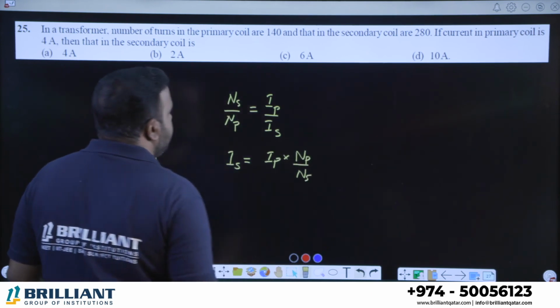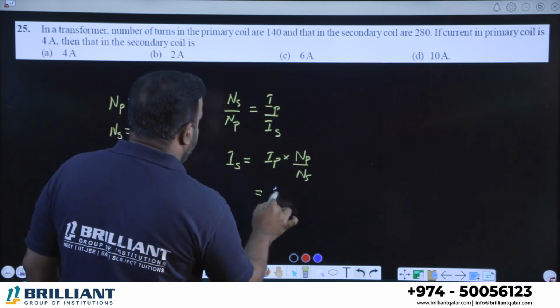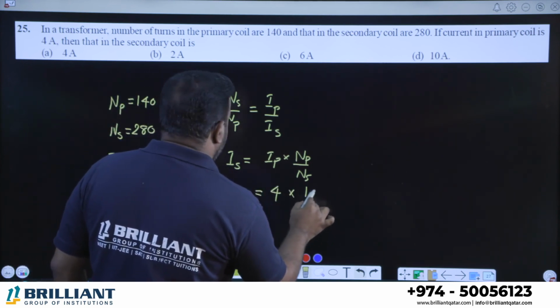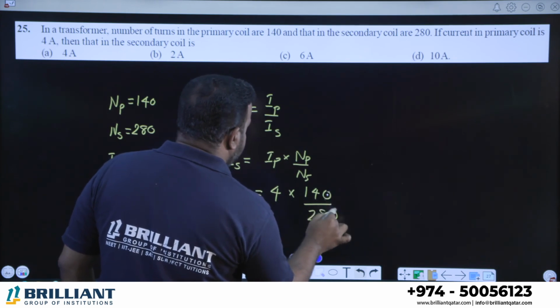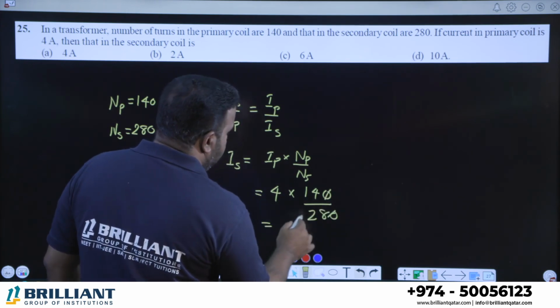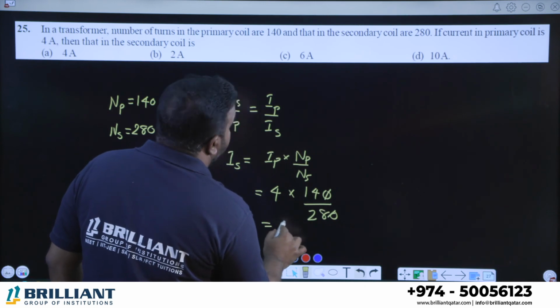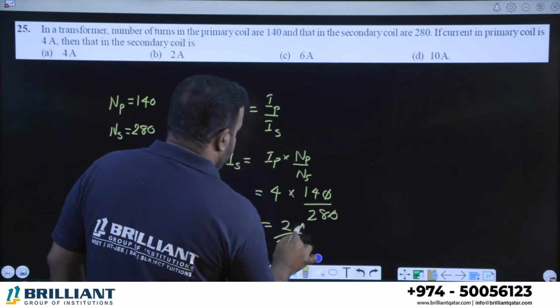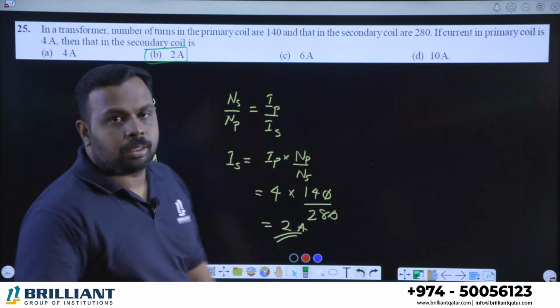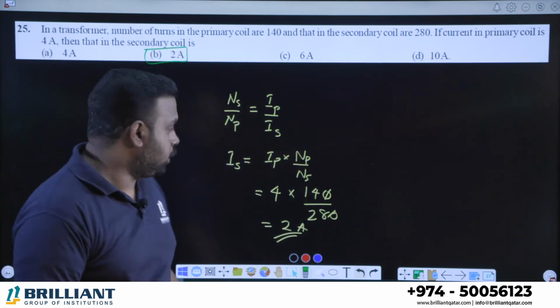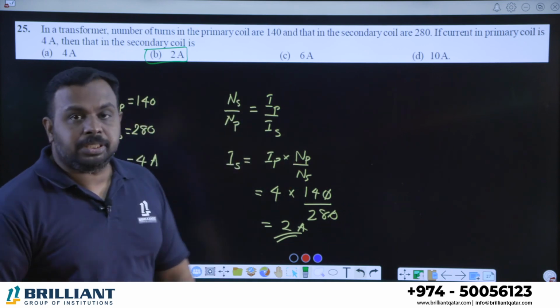What is IP here? 4 ampere. NP is 140. NS is 280, right? So 14 by 28 will become 1 by 2. 4 into 1 by 2 is 2. So the answer is 2 ampere. Option B. Right. So the answer is option B, 2 ampere.